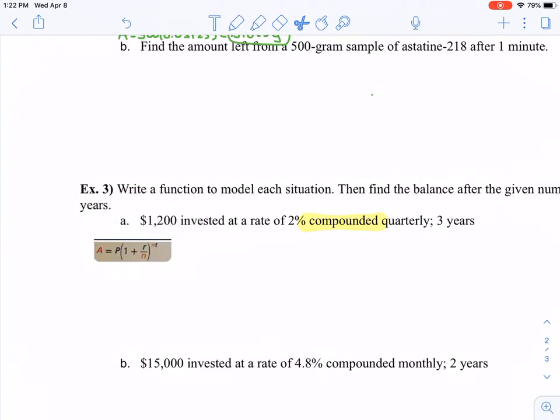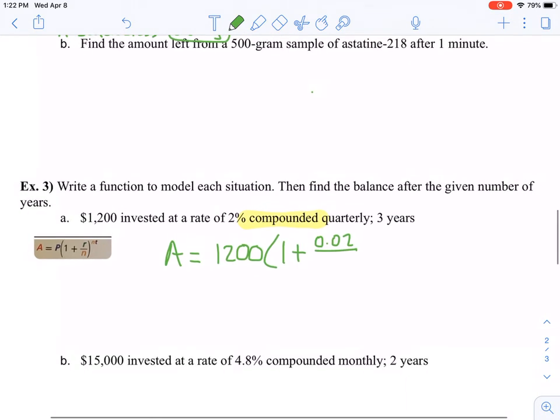So A is going to be equal to the principal, which was $1,200, times 1 plus the rate, remember the rate is as a decimal, divided by n.